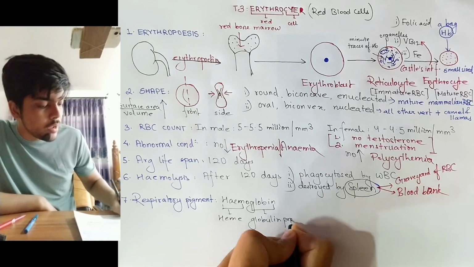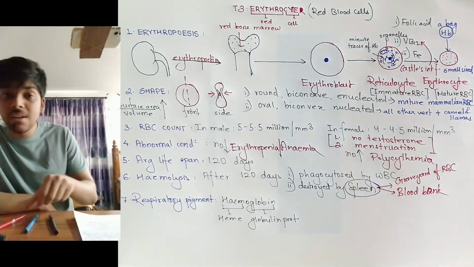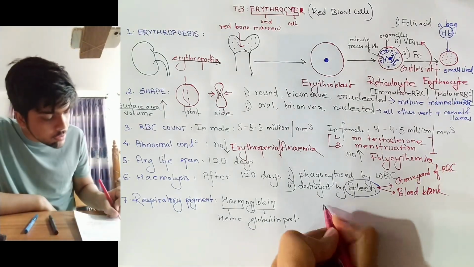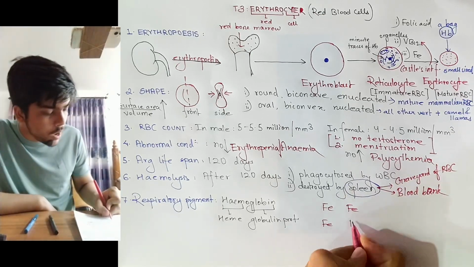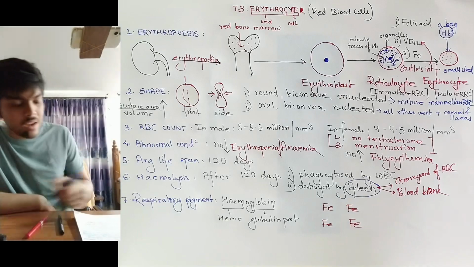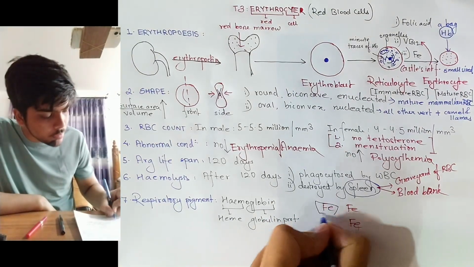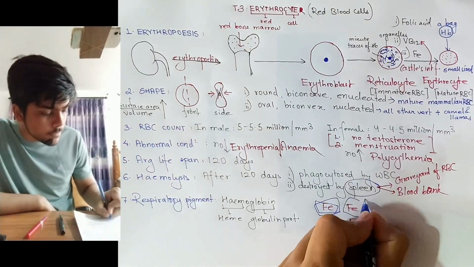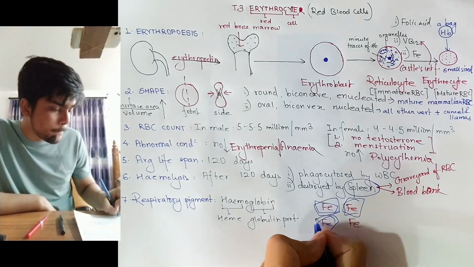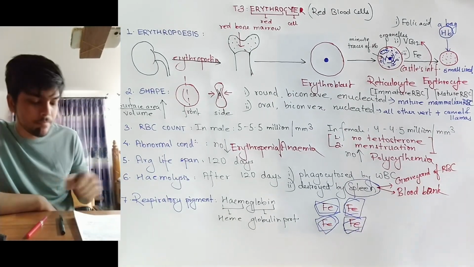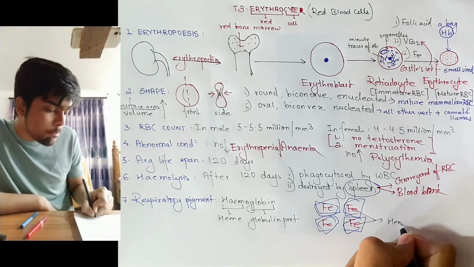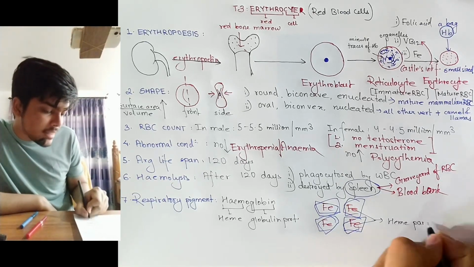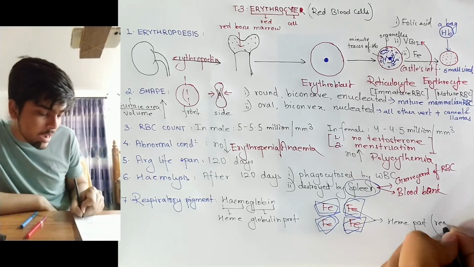Let me show you this particular feature in a diagram. So there's your iron atoms. There are 4 iron atoms in one hemoglobin. These iron atoms, they are surrounded by protein. These iron, they form the heme part of hemoglobin, and these iron, they impart a red color.